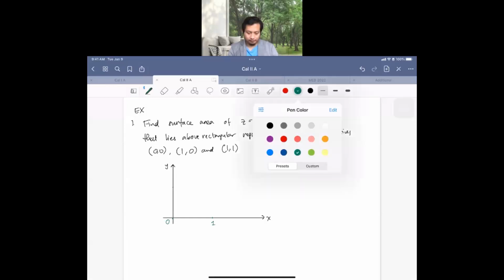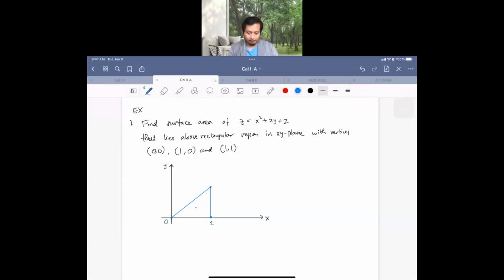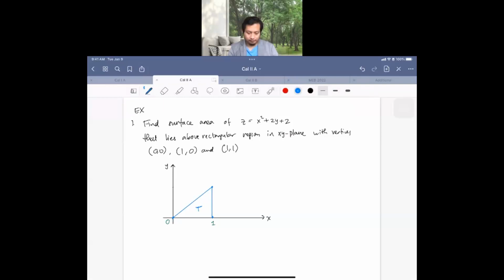So we have (0, 0), (1, 0), and (1, 1). So maybe (1, 1) is here. This will be our region. Let's say the region is T, or R, maybe just T or D, it's okay. So this is (1, 0), this is (1, 1), this is (0, 0).